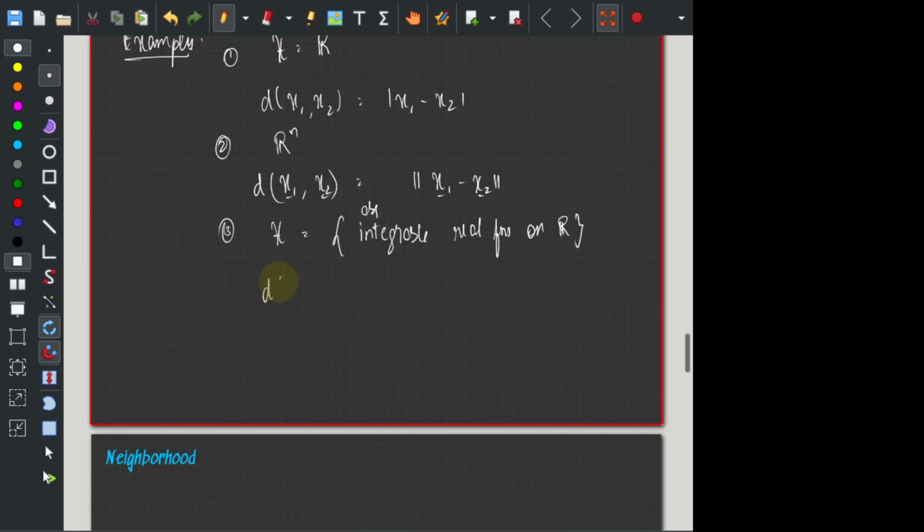So I can say d of f1 comma f2 is the integral from minus infinity to plus infinity of mod f1(x) minus f2(x).